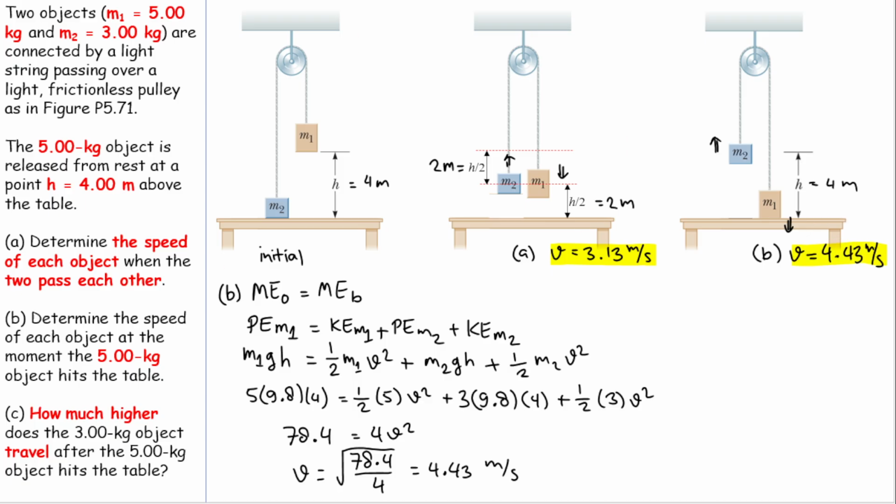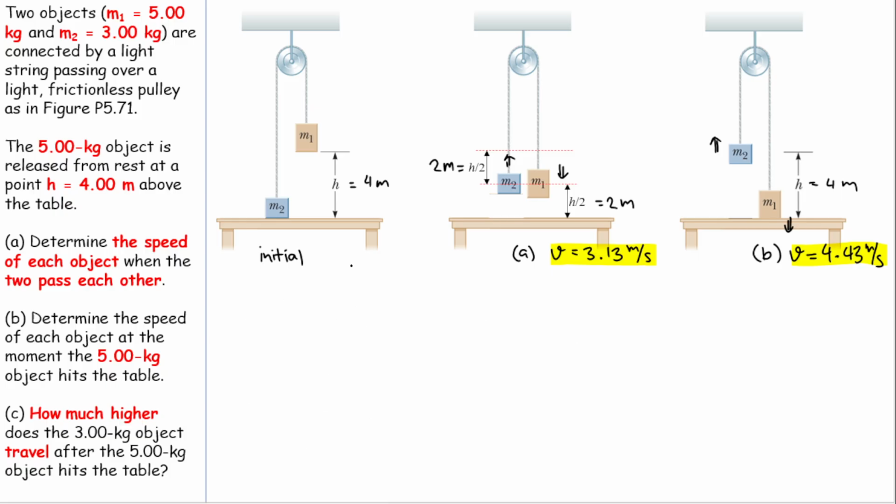Okay, now let's answer question C. For question C, we have pure kinematics here, right? Because this one has the initial velocity of that one. V0 is 4.43. And then it is still traveling up, right? And it will stop somewhere here, right?